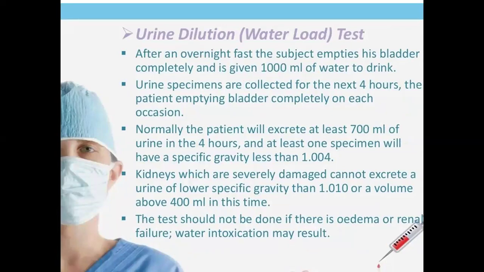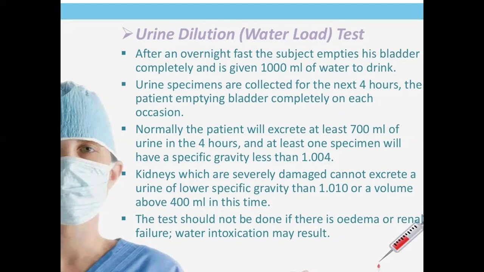Then urine dilution or water load test. After an overnight fast, the subject empties his bladder completely and is given 1000 ml of water to drink. Urine specimens are collected for the next 4 hours, the patient emptying the bladder completely on each occasion.